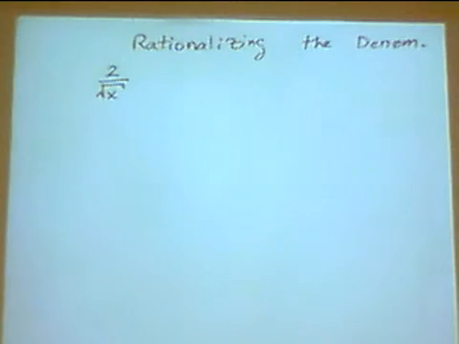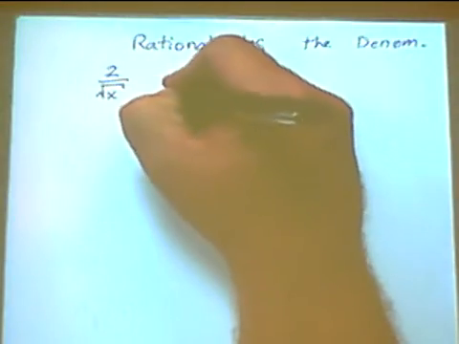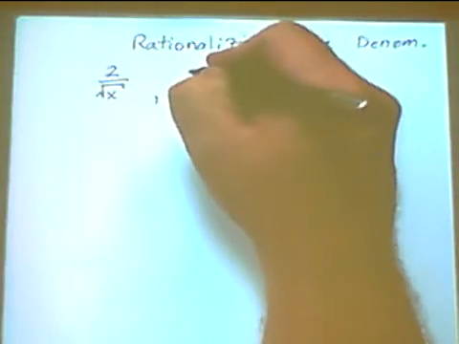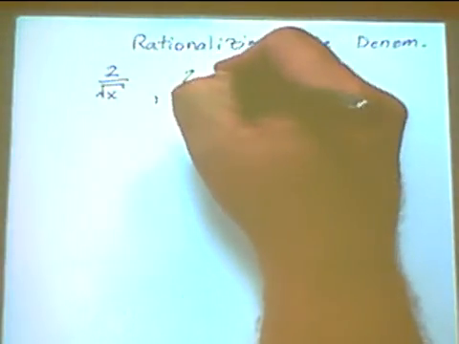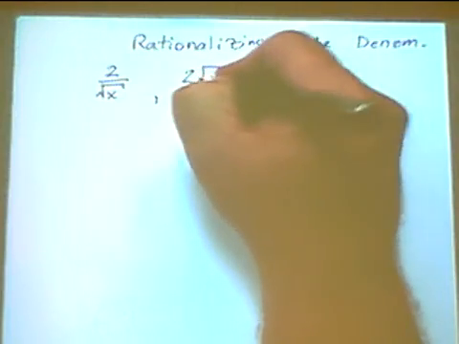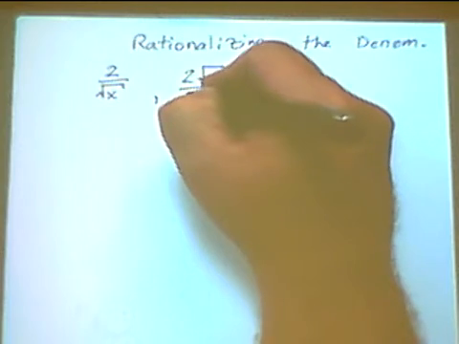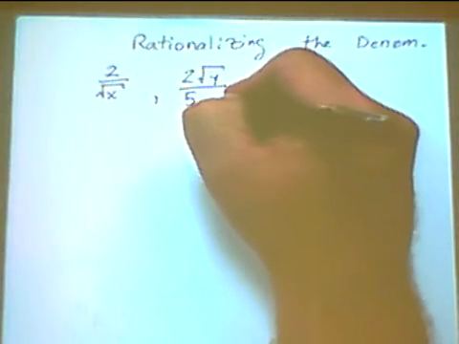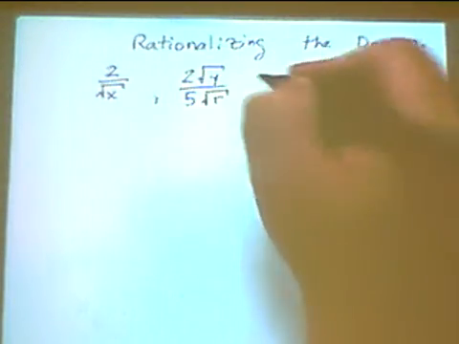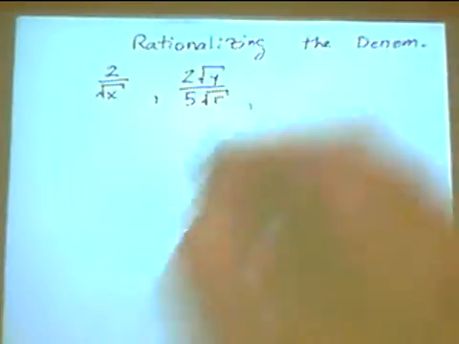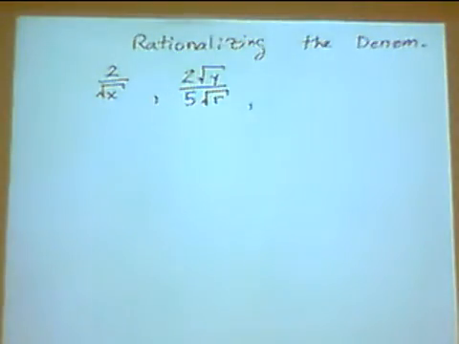Now just before we start this, I'm going to actually do 3 problems. Let me go ahead and write them now, and I just want to talk about the differences before I actually do them. Here's the second problem. I want to work through 2 square root of y over 5 square root of r. So once again, we have a radical in the denominator.